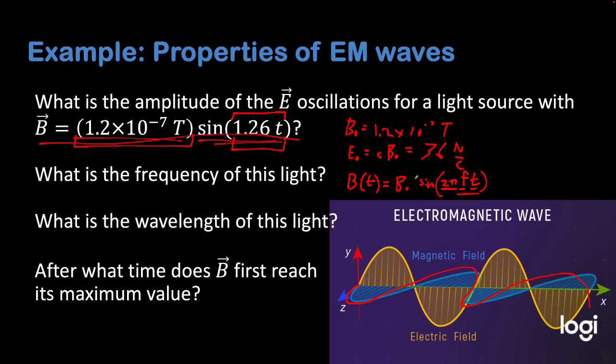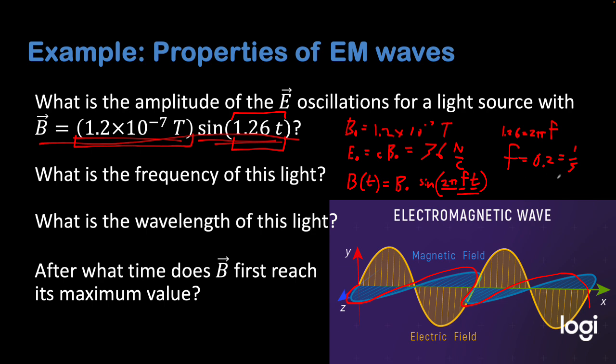So all this to say is that here we have 2 pi F where this 1.26 is. So 1.26 has to be 2 pi F. And in this case, if I then divide 1.26 by 2 pi to find the frequency, it is 0.2, or 1/5 in this case.